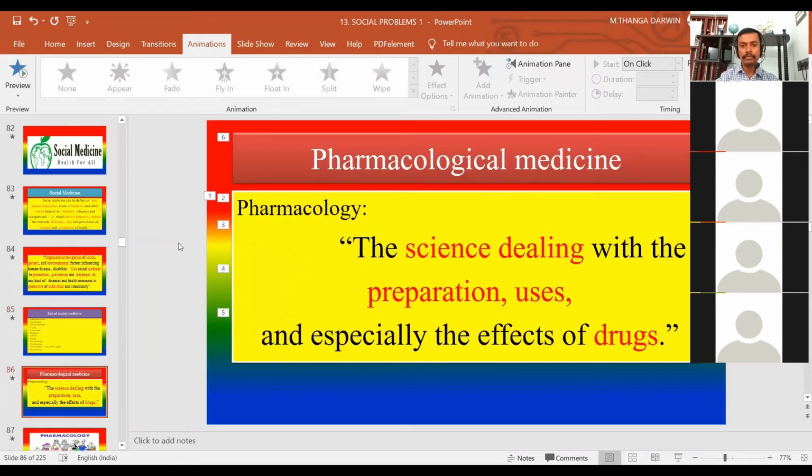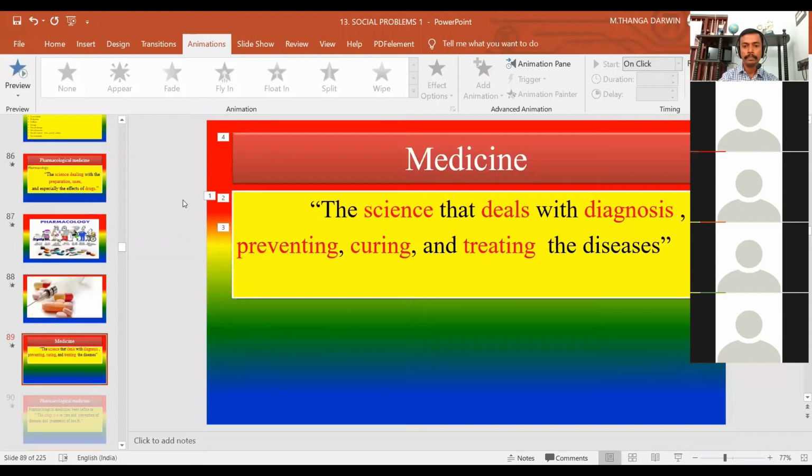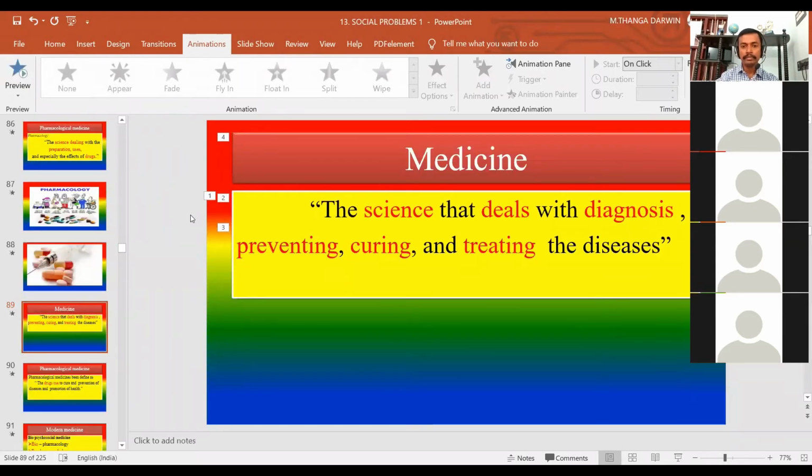Then pharmacological medicine. Pharmacology is the science that deals with preparation, uses, and especially effects of drugs. Medicine means science that deals with diagnosing, preventing, curing, treating disease. So, clear about it?